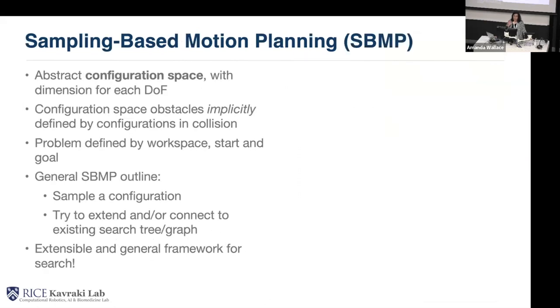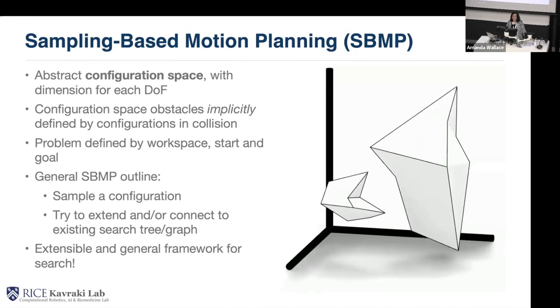So for a very large set of planners, which are called sampling-based motion planners, and with which I have been involved from their inception, we start with an abstract configuration space with one dimension for each degree of freedom of the robot. The configuration space obstacles are implicitly defined by configurations in collision. So you have a collision checker that tells you if you're in collision with an obstacle in the environment or not.